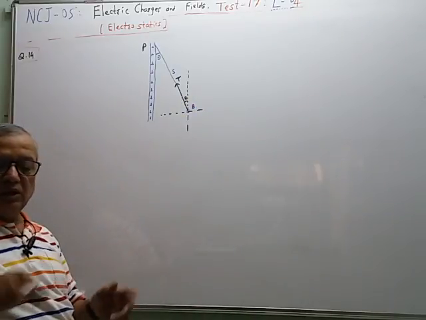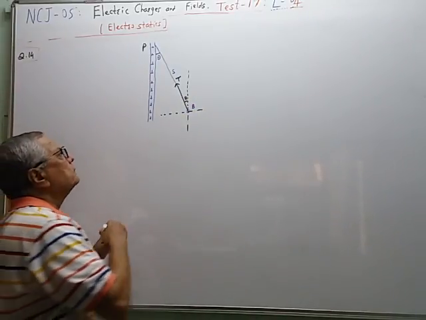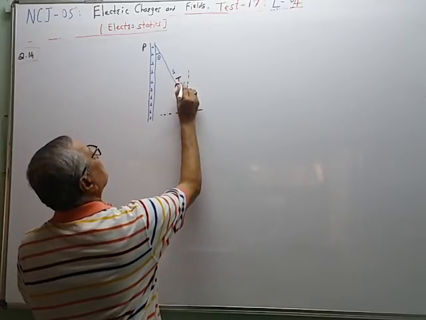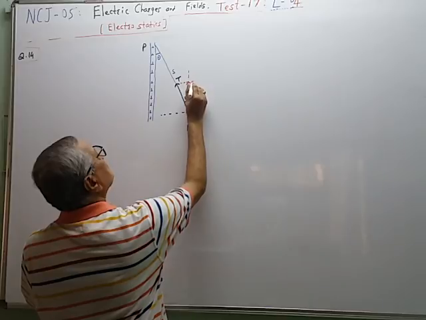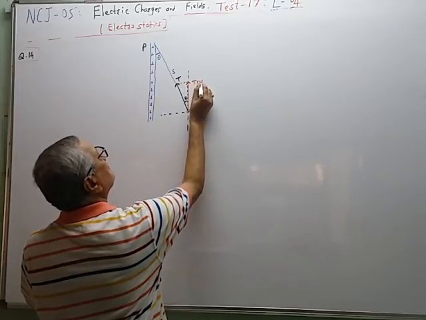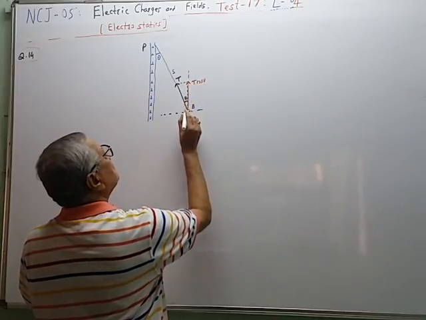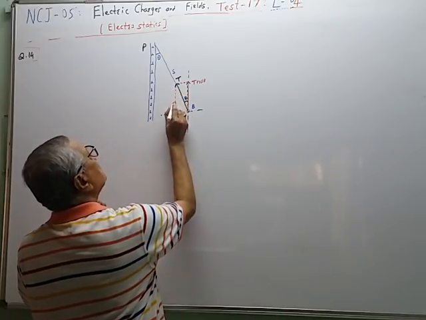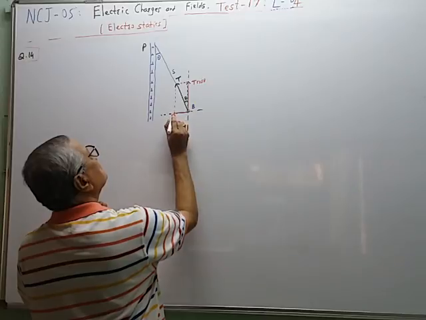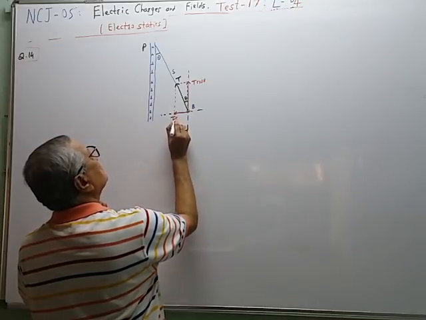And therefore, if you draw perpendicular, then this component is the component adjacent to theta. It is always called T cos theta. This T cos theta is balanced by mg, and if we draw perpendicular, this component is the T sin theta.